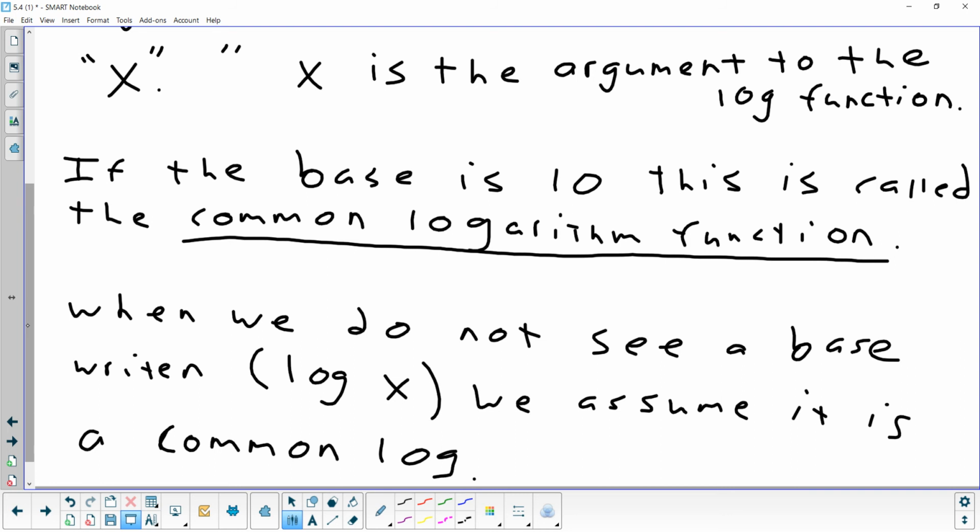Now, like the argument, the base also has to be a positive number. So with logarithms, you're never going to see a negative base, and you'll never see a negative argument. If you do that, you're getting into imaginary logs. And that's not something we're going to look at.